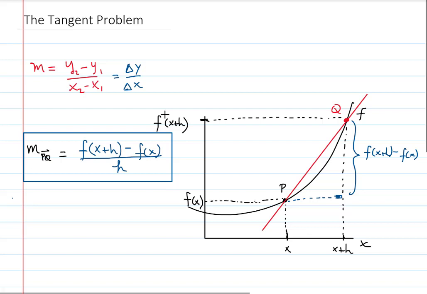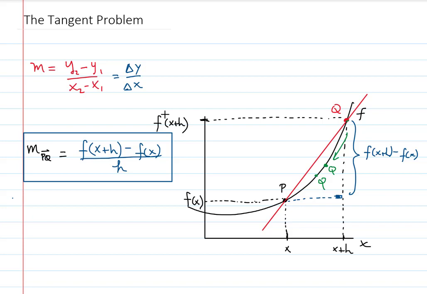But here's the idea. If I move this point Q and I start getting closer, if I move it in this direction, closer and closer, so let's say I move it here and then I move it there, as I move this point Q, the secant line is also moving with it, right? You're going to start getting a better and better approximation of the actual tangent line.